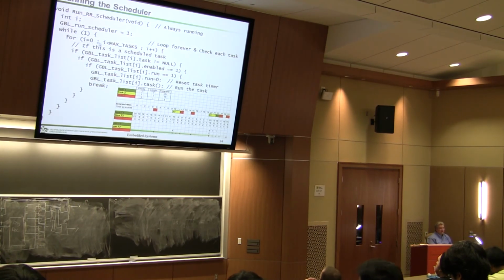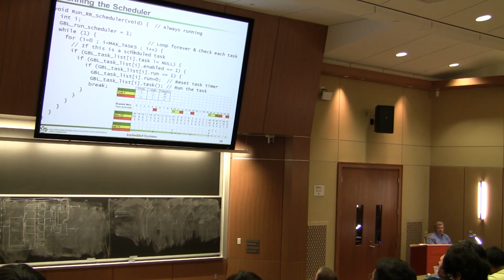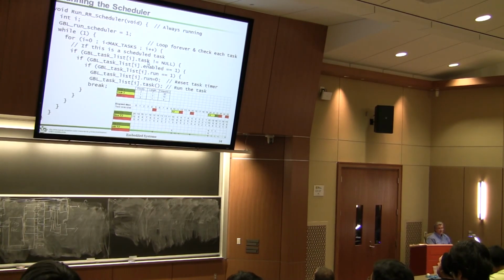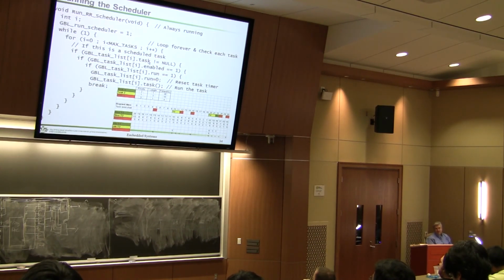And for i equal to 0 to the max number of tasks, you're going to check each one of the tasks in a structure. First you're going to say, is it a task that actually has some sort of address in it? In other words, have you said, yeah, I'm going to run a task, and here's the address for that function?